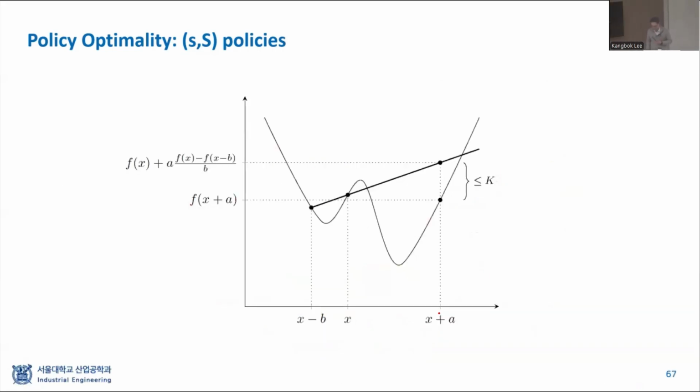So here's the plot for the K convexity structure. We are basically looking at the slope that comes from two points and the slope of this and the other point, and the difference is always less than K. That's the definition of K convexity, obviously quite strange compared to our usual convex definition.